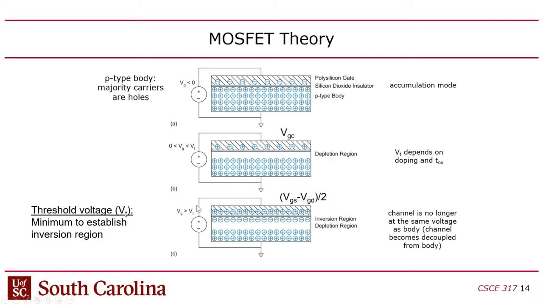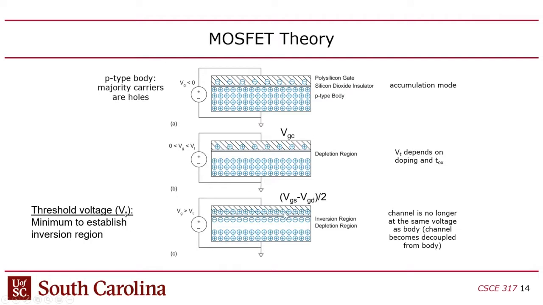However, once you exceed the threshold voltage, this is where things get a little crazy. So once the voltage of the gate is greater than the threshold, you end up with a channel. And the channel is this inversion region. It's basically the minority charge carriers collect. And then the channel becomes decoupled from the body.